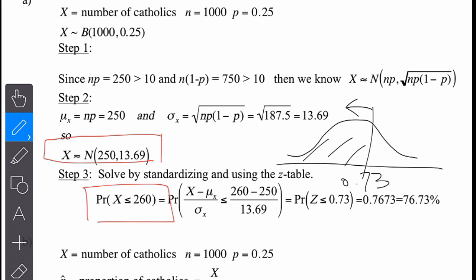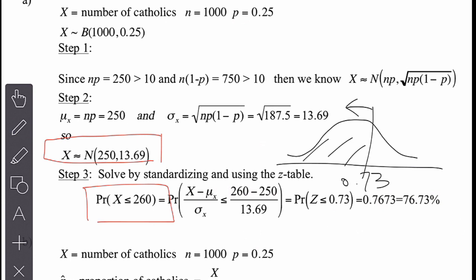When you look it up in the table, you'll get 0.76, so 76%. There's a 76% chance that you'll find less than 260 Catholics, it's a high chance.